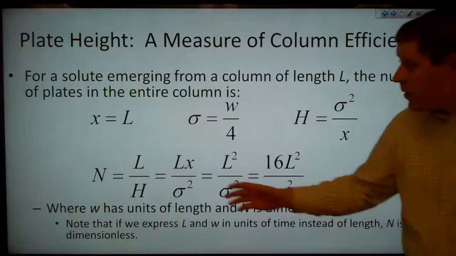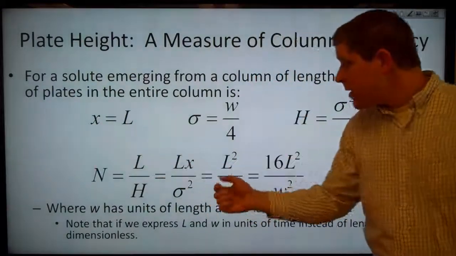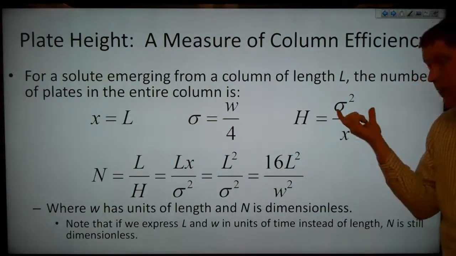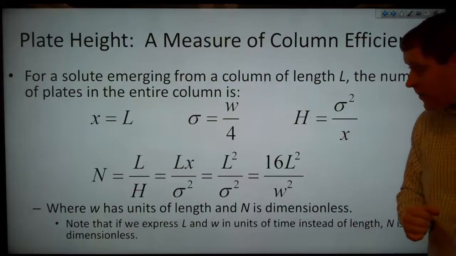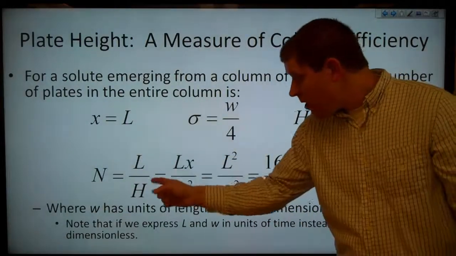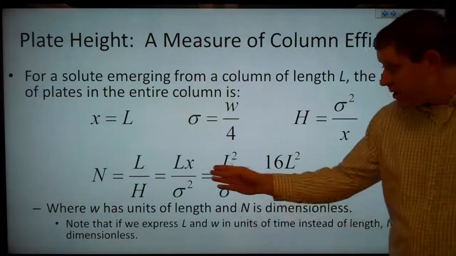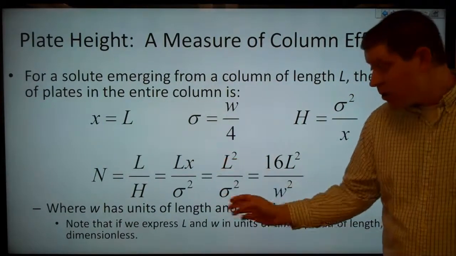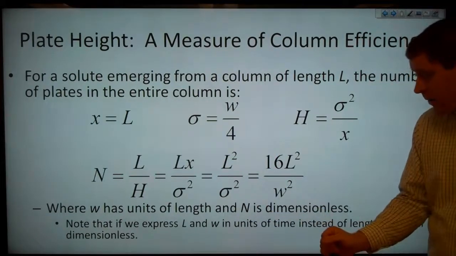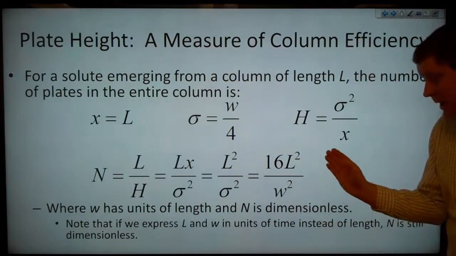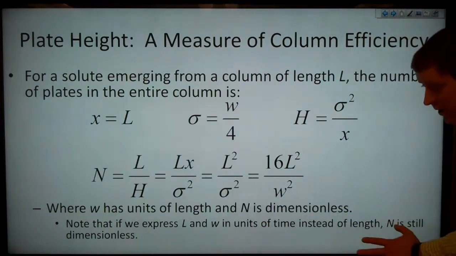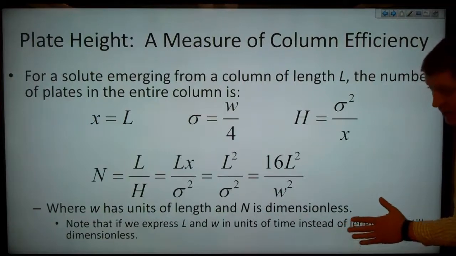For a solute emerging from a column of length L, the number of plates in the entire column is given here, where x is equal to L, sigma is equal to W over 4, and H is equal to the variance, sigma squared, divided by x. So the number of plates in the column N is equal to L over H, which is equal to L times x over sigma squared, which is equal to L squared over sigma squared, which is equal to 16 times L squared over W squared, where W there has units of length and N is dimensionless.